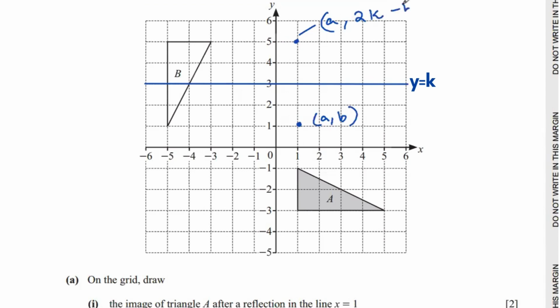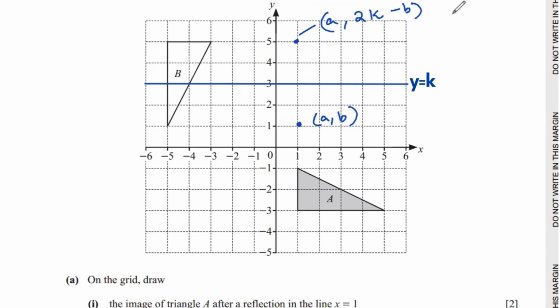So in this case, what you have to do is assume a point and then work out how the point would change once you reflect it. And then based on that, you replace those values with a, b, and k, and the x coordinate remains the same, so it's a.